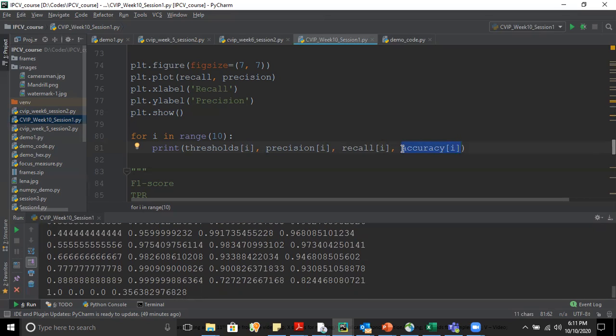In a crucial application like medical imaging or credit card fraud transaction detection, irrespective of whether you have a high accuracy or not, you don't want a fraudulent transaction getting classified as a genuine transaction. In that case there's a huge loss for the bank.